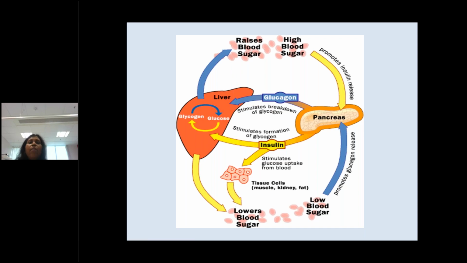On the other hand, when the blood sugar levels are very low, then we need more glucose, obviously, and that promotes the glucagon release, which stimulates the breakdown of glycogen and gluconeogenesis.